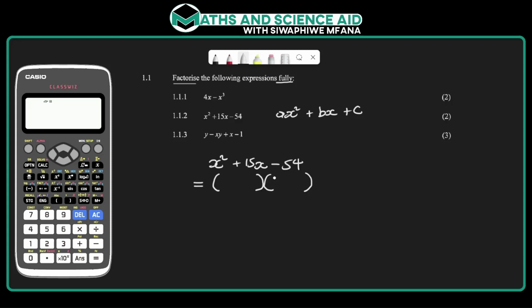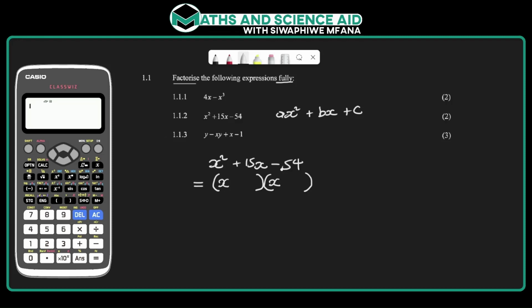So for this particular one, what we are going to do is we'll look for the square root of the first term here, x squared. If you have x and you multiply it by x, you are going to get x squared. So x is the square root of x squared, and we are going to write it inside of each bracket, because if you are multiplying x by this x, you are going to get this term back.